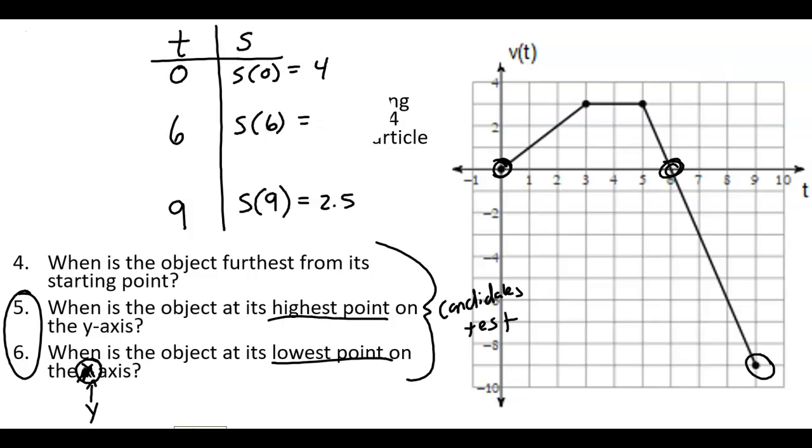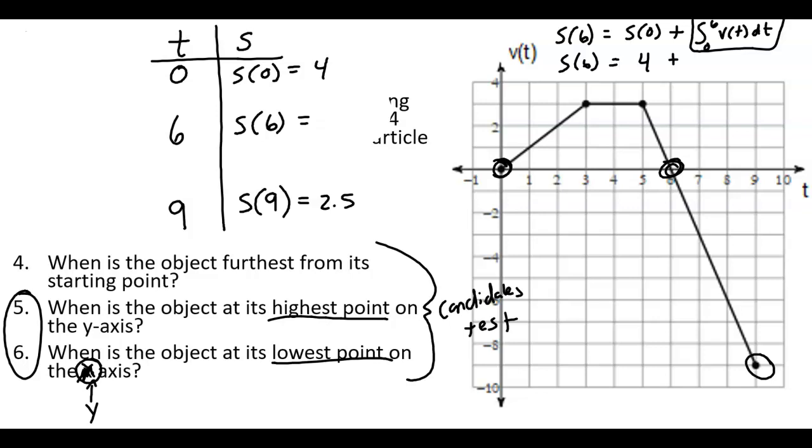All right. So s of 6 is going to be my starting point plus my net change in position from 0 to 6, also known as my displacement, right? So s of 6, this is 4, and we can do this using geometry.